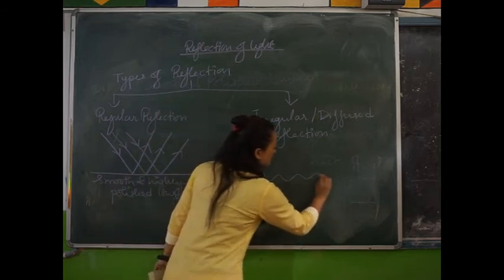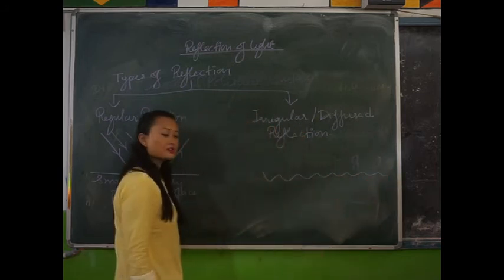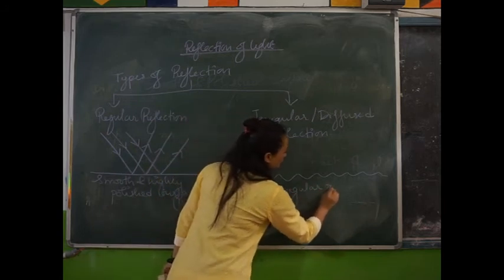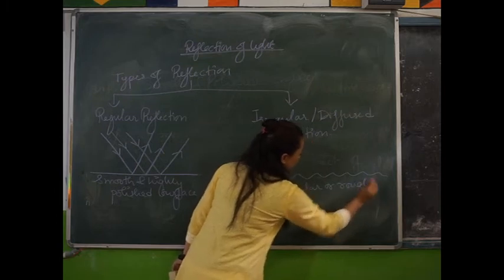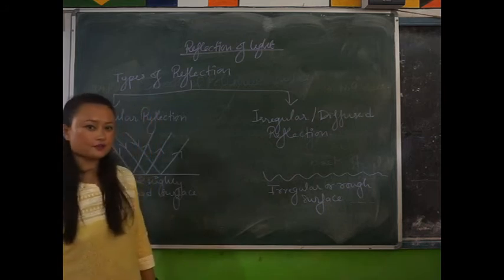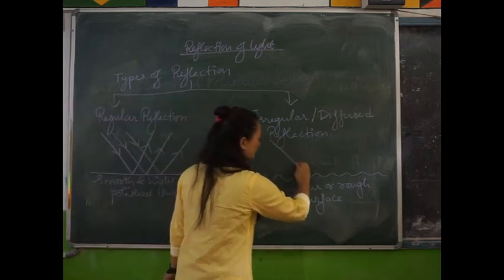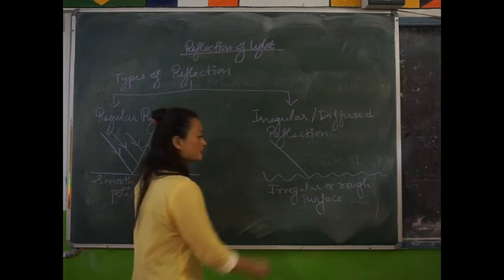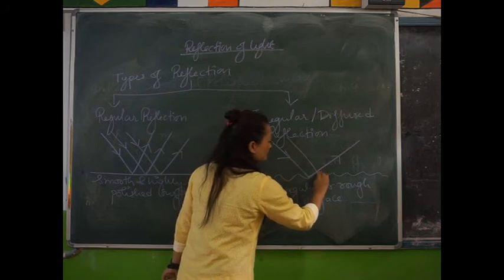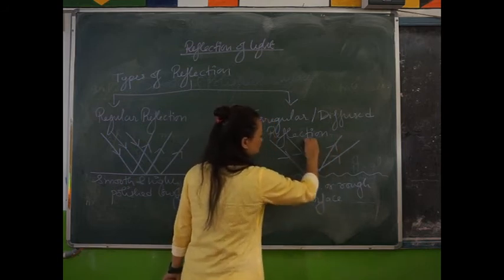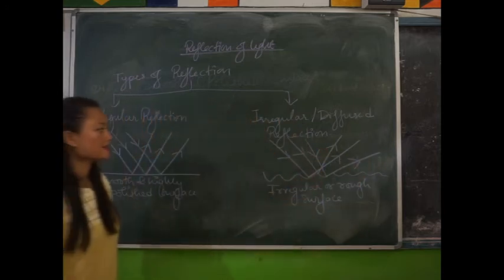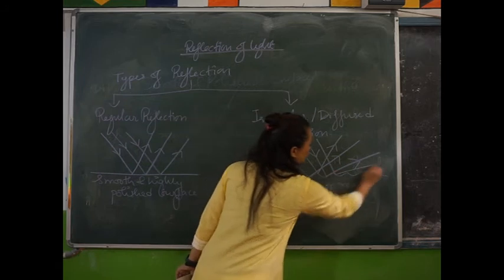Another one is irregular reflection, which takes place on an irregular or rough surface. A ray of light falls on the surface, it reflects back. Another ray of light falls on the surface, it reflects back. What you notice over here is that the reflected rays are random.